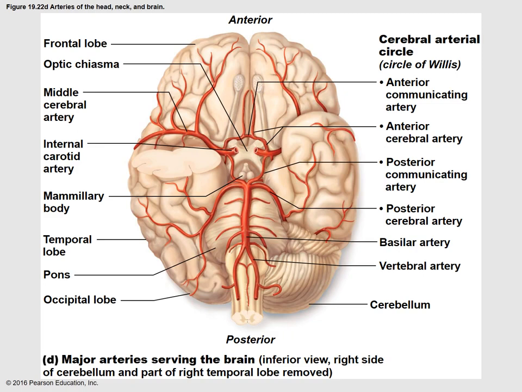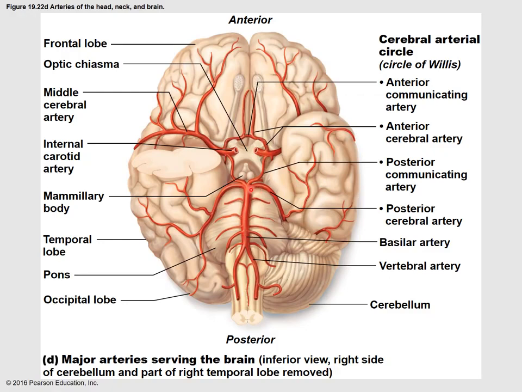From a posterior view, this is showing once again the major arteries that are servicing the brain from this posterior angle and the anterior angle looking up. So the posterior is down at the bottom, anterior is at the top. You can see the different lobes and how the blood supply once again is coming in, and you have multiple arteries servicing multiple areas.